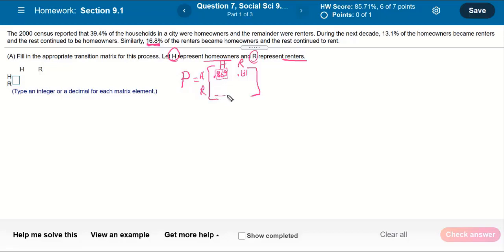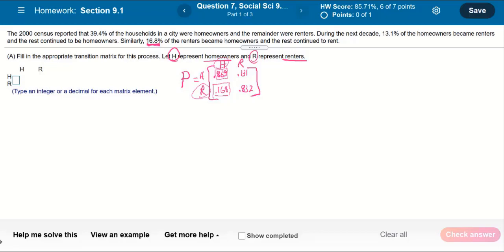Now that would be this. Renters became homeowners. So that would be a 0.168, which again means that the next number is going to be 1 minus that, or 0.832. So there is our transition matrix.